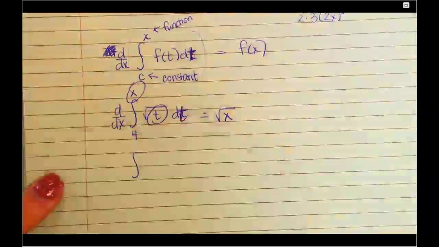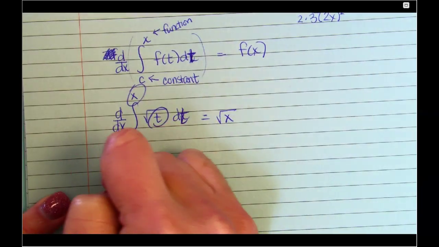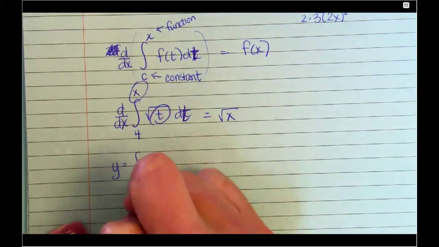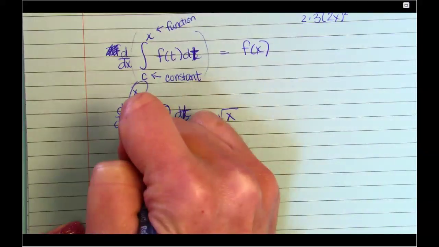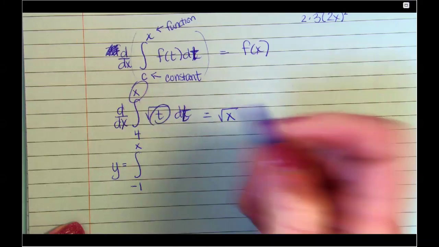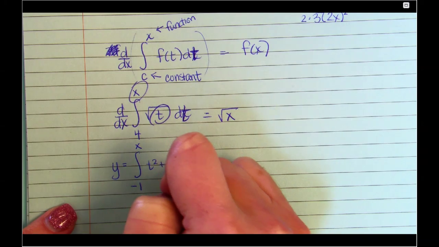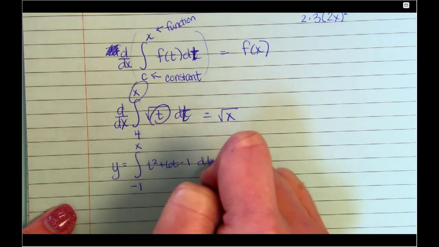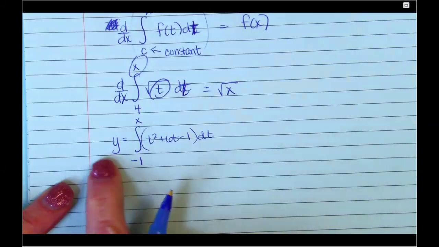So let's say y equals, let's make this -1, let's make this x, and then let's make this t squared plus 6t minus 1. I want you to find y prime.